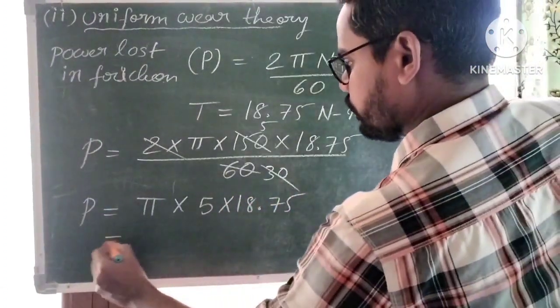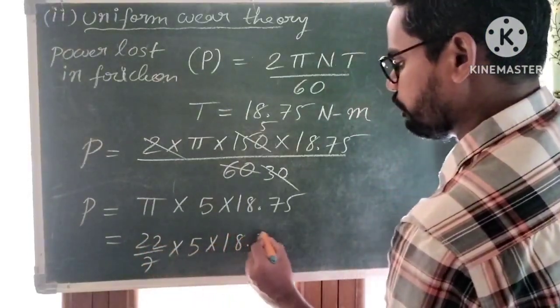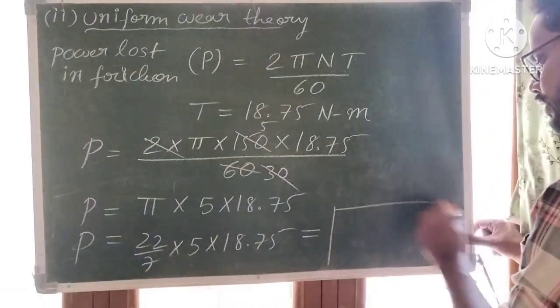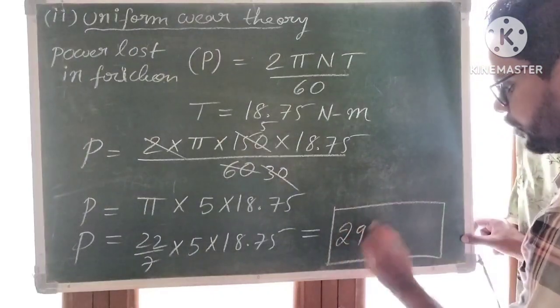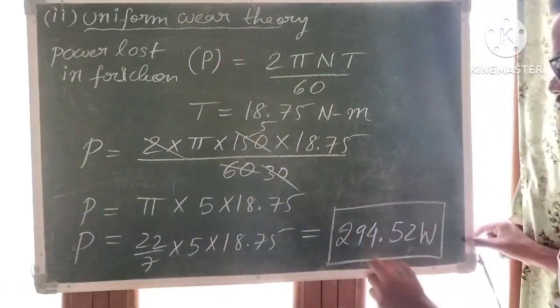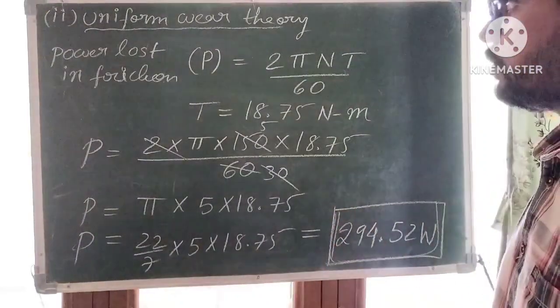So pi value 22 by 7 into 5 into 18.75. If you calculate this, you will get the final answer: power lost in friction is 294.52 watts. This much power is lost in friction if we consider the uniform wear theory.